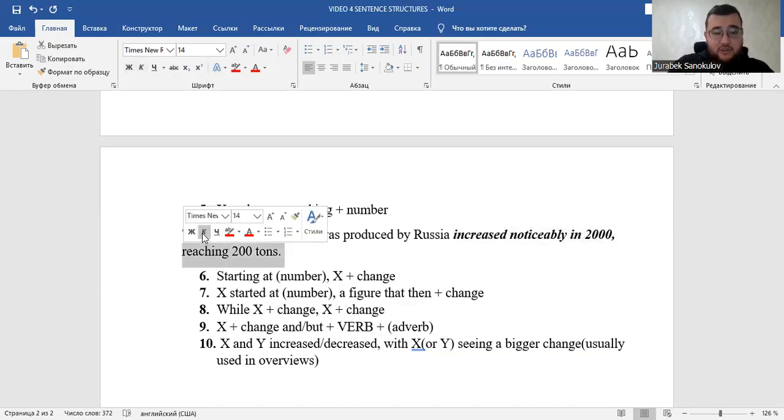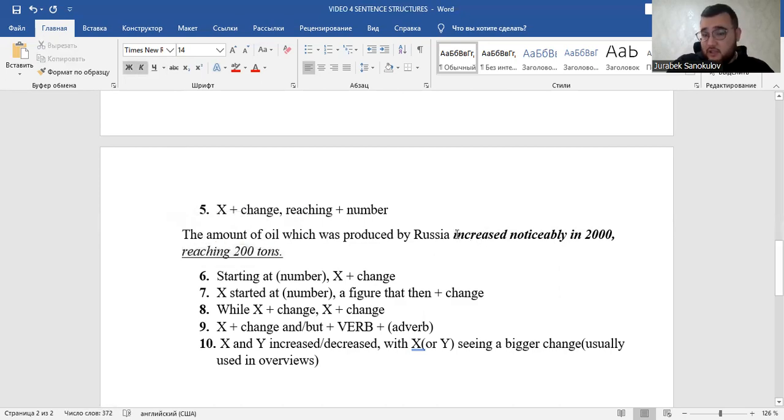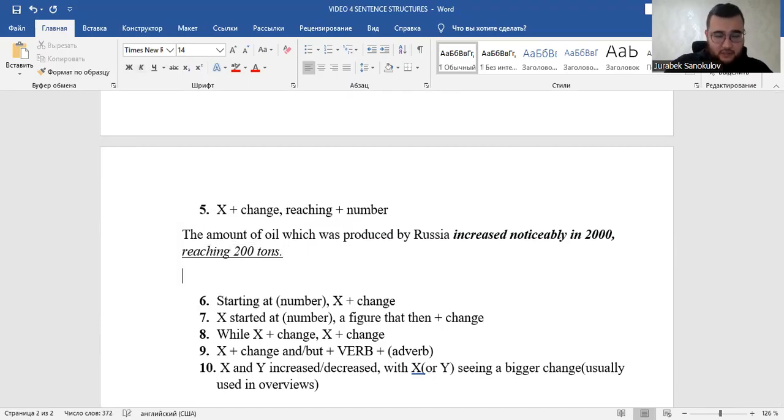So basically, you don't say the number in the first part of the sentence. You just include it after this, reaching. So let's use this sentence structure one more time, and then we will move on.